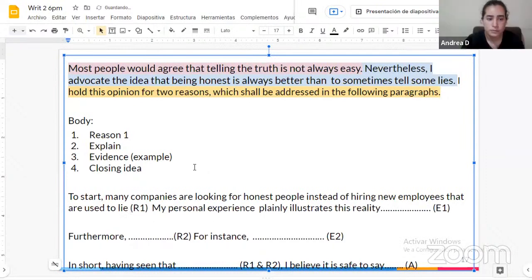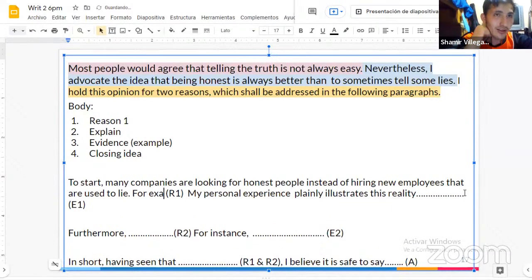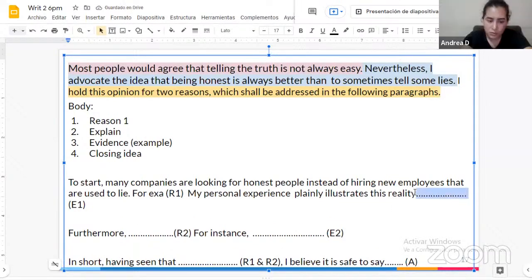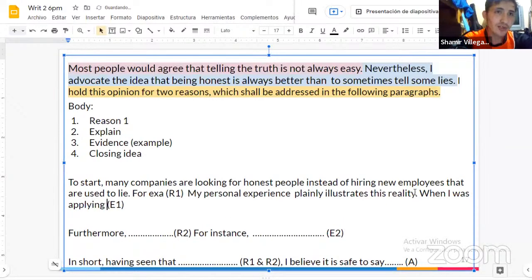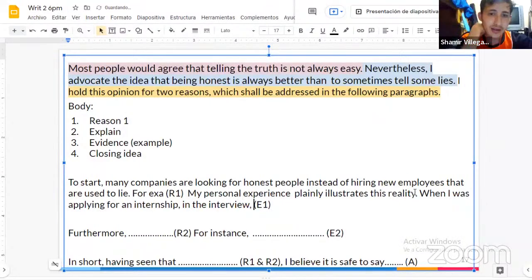Okay. And then, for instance, or for example, when I was applying for an internship, in the interview, honesty was one of the most important values in the company.